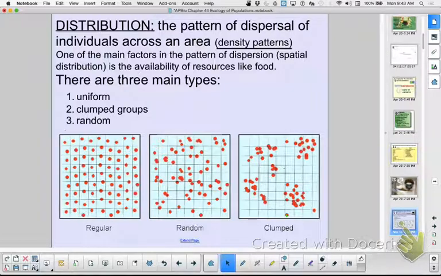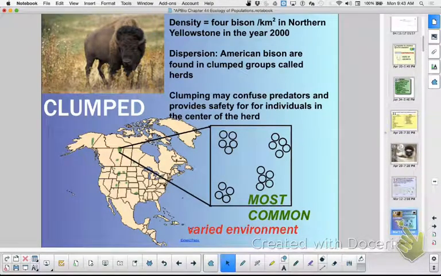This is probably most common, clumped around resources, and it can change over an organism's lifetime. Maybe younger, it might be clumped, and then it'll change. I'll give you some examples of that. But here is one. This is looking at bison in Yellowstone. They're in clumped groups called herds, obviously.